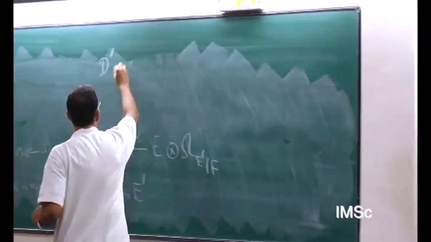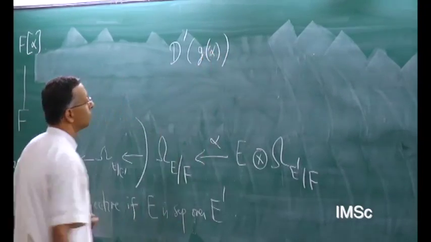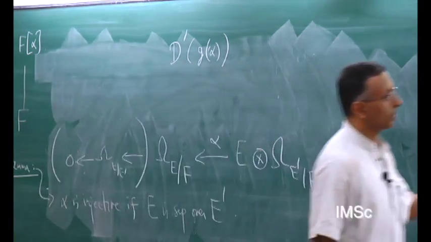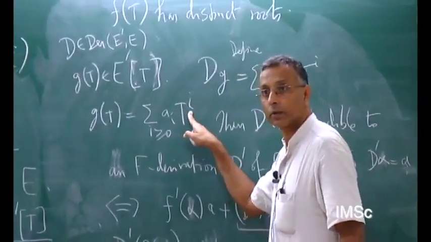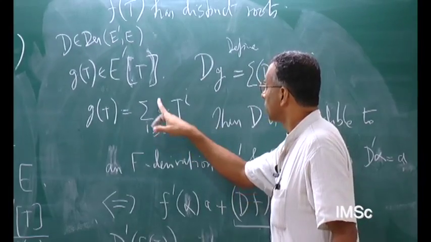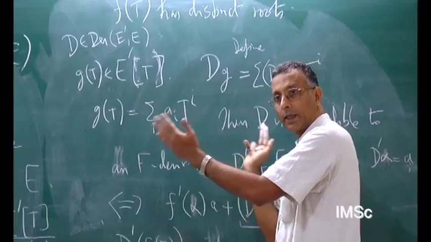How will it act on g of alpha? g of alpha is an element of E. Well, g of alpha is the sum of a_i alpha^i. Now, if I apply d', on the one hand, you split it into two pieces.